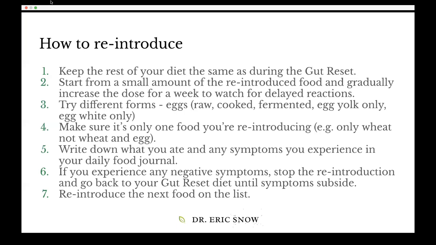Number 5, write down what you ate and any symptoms that you experience in your daily food journal. You might have gotten to a point where you are good with this food journaling and you may just want to have a notebook, and that's fine instead of printing these sheets. I know for some people, they carry a calendar around. So you might just want to write in the corner of your calendar, like egg, or 2 eggs.